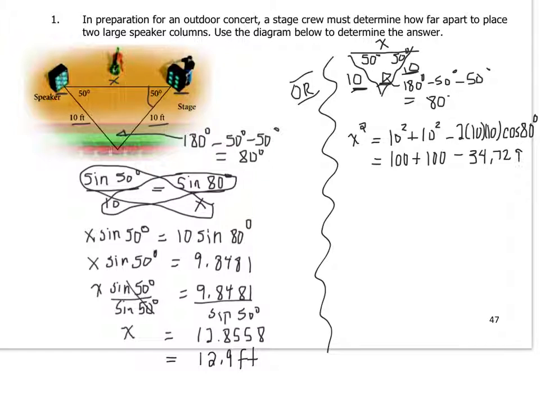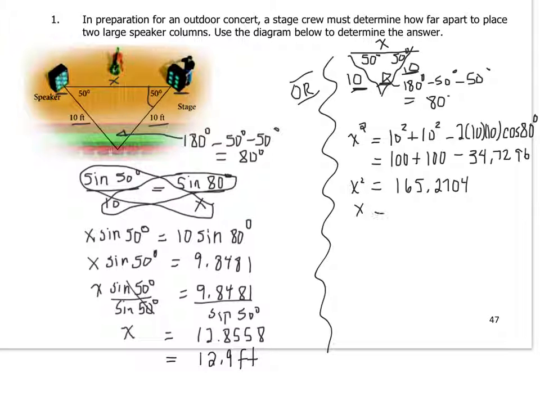That gives 34.7296. If you add 100 and 100 and subtract 34.7296, you'll get 200 minus 34.7296, which is 165.2704.